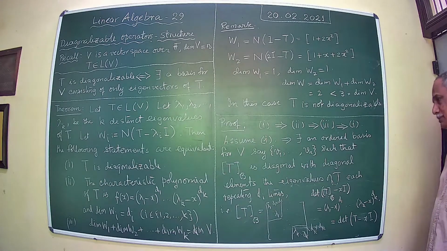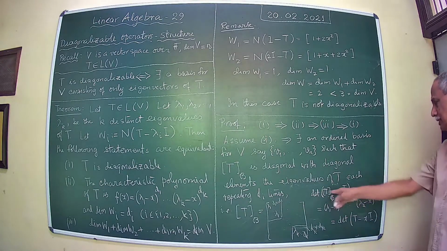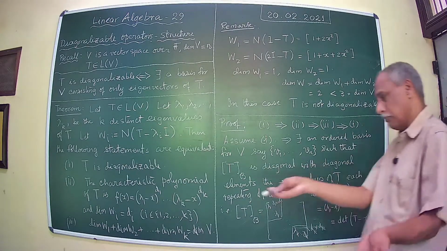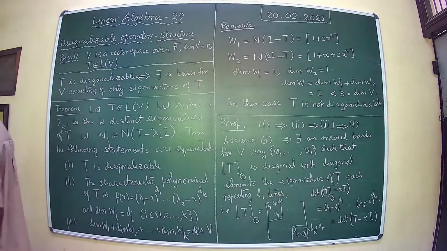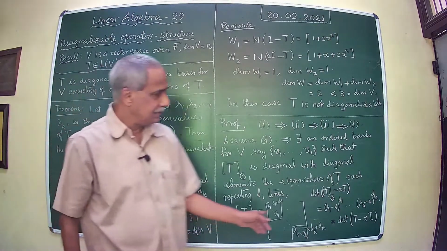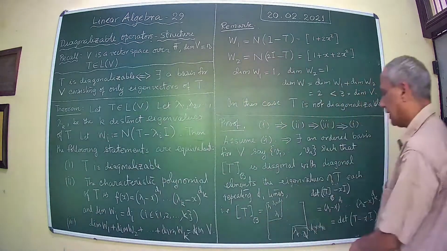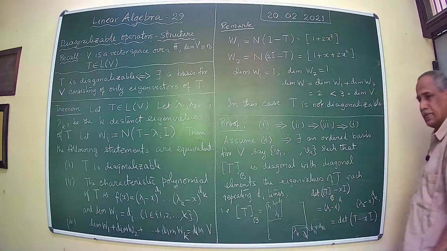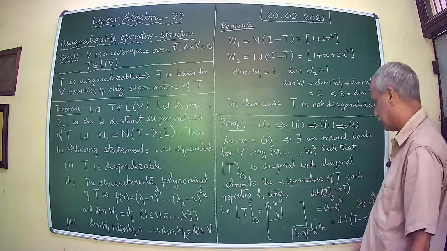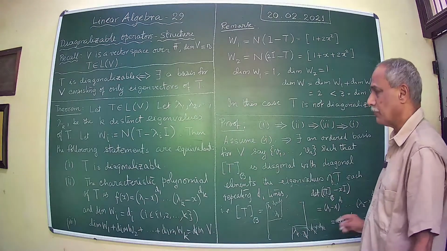Therefore the characteristic polynomial for every one of those matrices is the same. And that turns out to be this, because we are assuming it is diagonalizable. Therefore there is a diagonal form, and for the diagonal form we can exactly calculate this, and that is given by this.